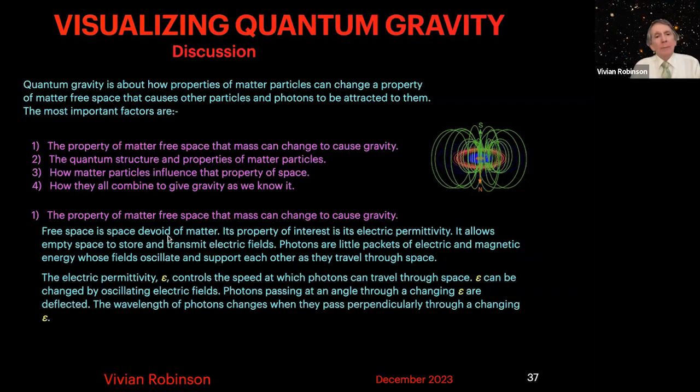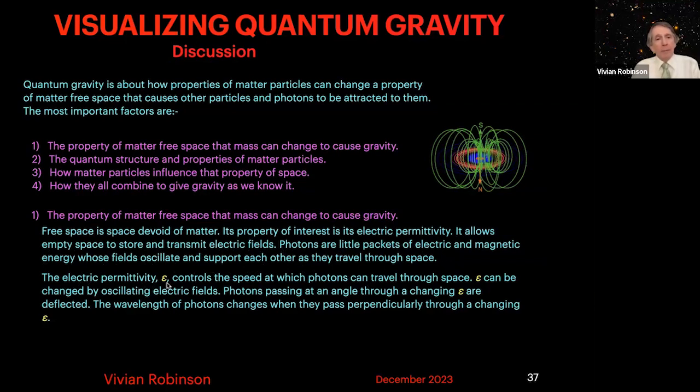Free space is space devoid of matter. Its property of interest is its electric permittivity. It allows empty space to store and transmit electric fields. Photons are little packets of electric and magnetic energies whose fields oscillate and support each other as they travel through space.